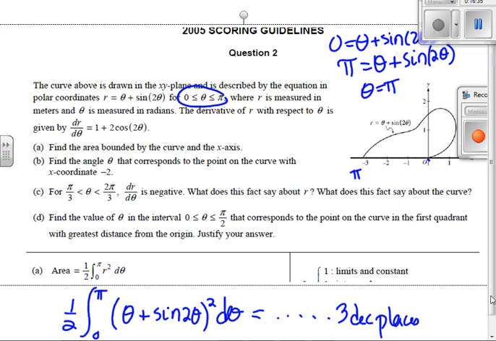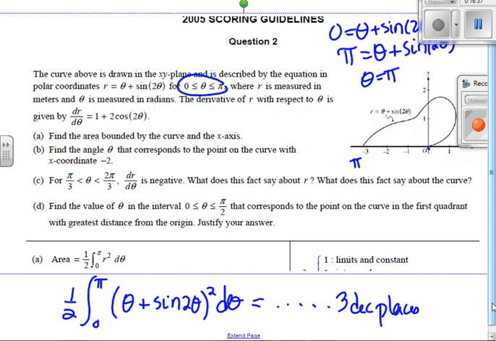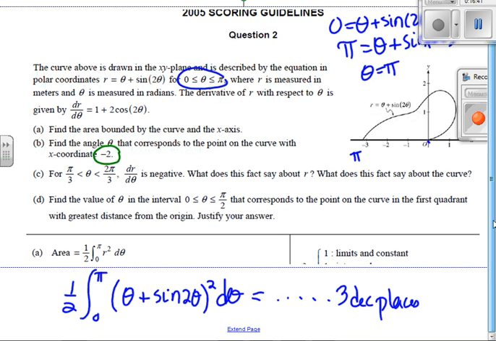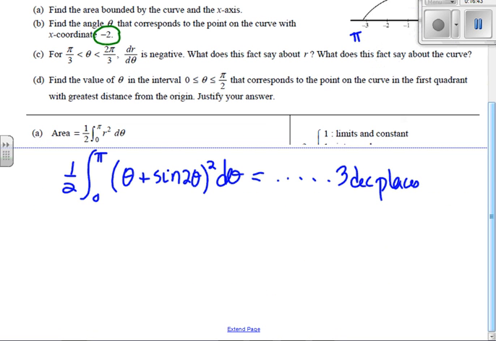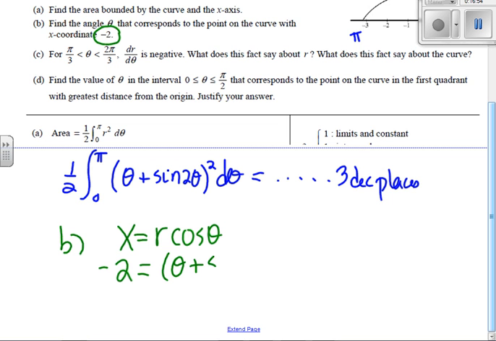I can do it that way, or there's another way I can do it, because it tells me that my x-coordinate is -2. And we remember, this is for part B, that x equals r cosine theta. So -2 is equal to my r, which is theta plus the sine of 2 theta, times the cosine of theta. This is a graphing calculator problem.